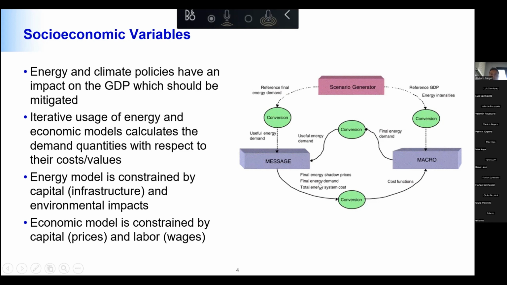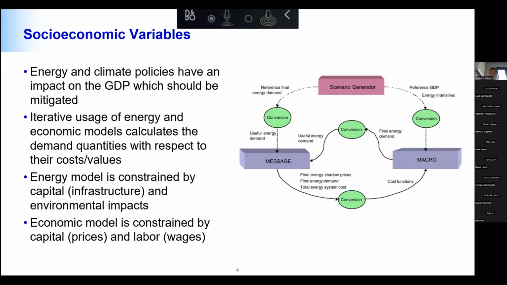In the past, during the Kyoto Protocol period, this was much of an issue that the policies for energy and climate, for transition and mitigation and adaptation to climate change, have a negative impact on the GDP, which had to be mitigated.